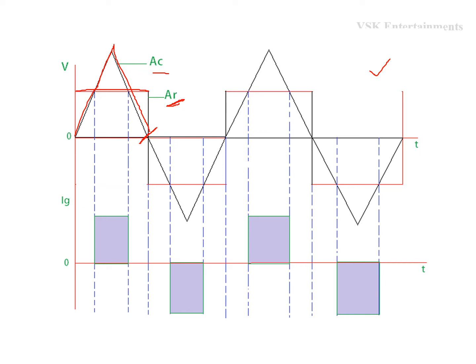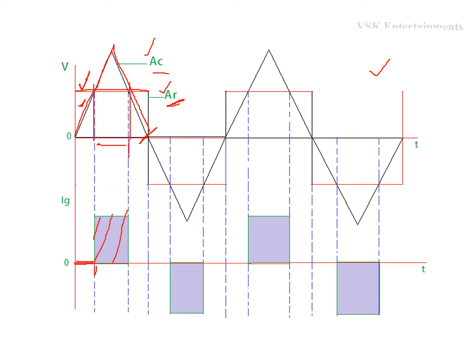Up to this point, compare the magnitudes of the reference signal and carrier signal. Here the magnitude of the reference signal is greater than the magnitude of the carrier signal, so we won't get any gating pulse in this duration. Now compare from this point to this point. Here, the magnitude of the carrier signal is greater than the magnitude of the reference signal, so we get the gating pulse.